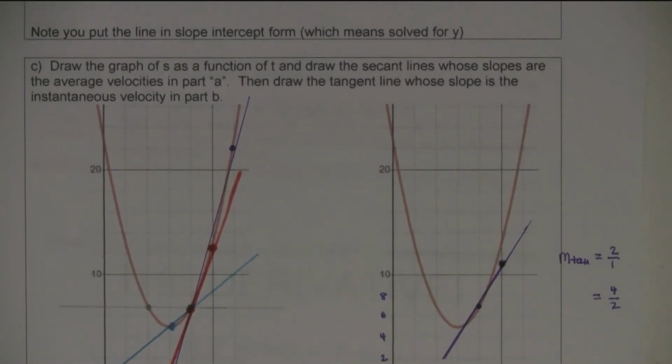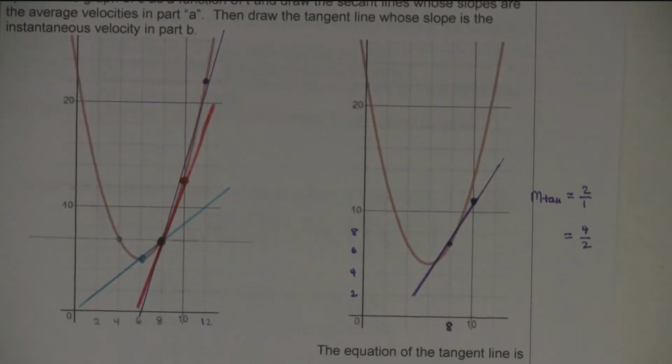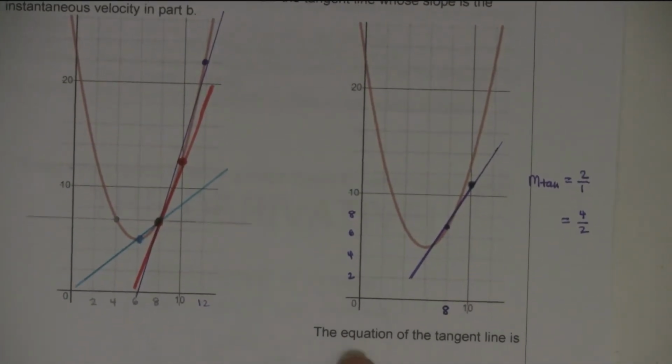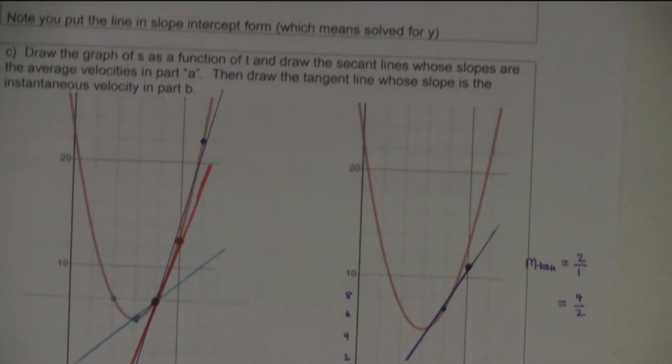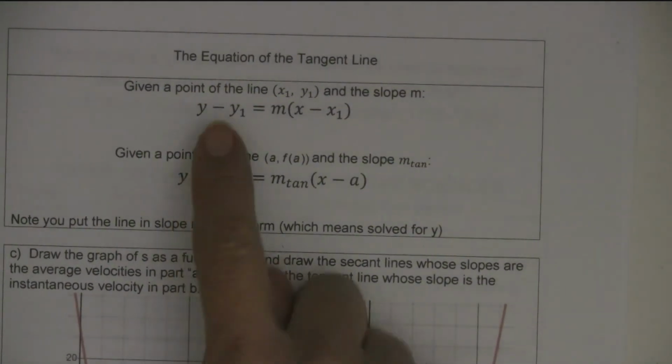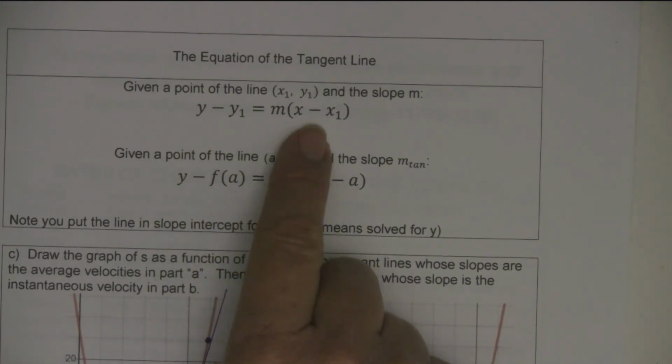Okay, so they didn't ask you right here, but they do ask you in other questions to find the equation of the tangent line. So I just added it on to part C here so that we wouldn't have to do all of the same thing for that one extra question. This is how they'll find the equation of a line in beginning algebra.